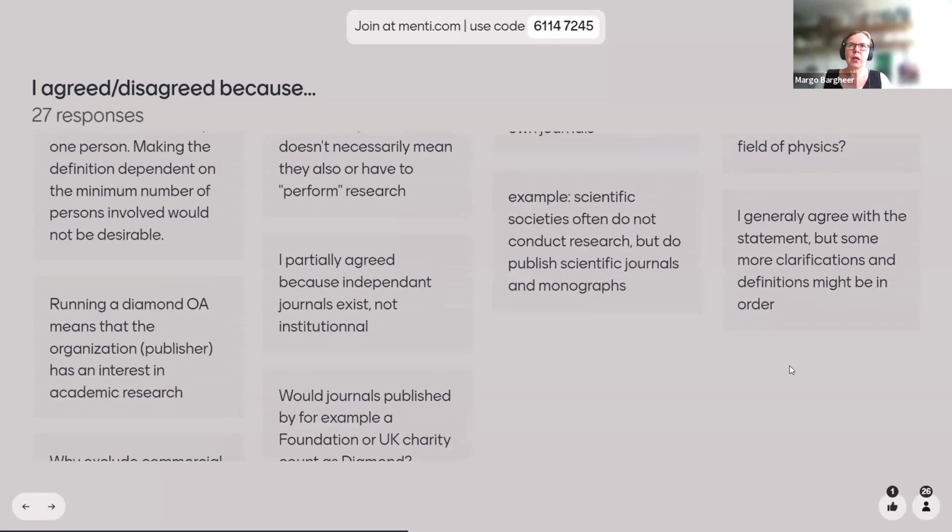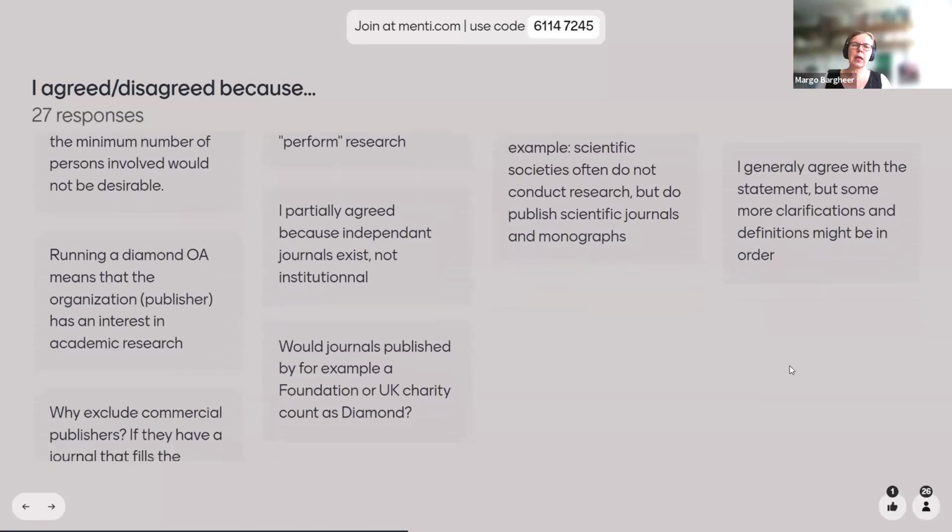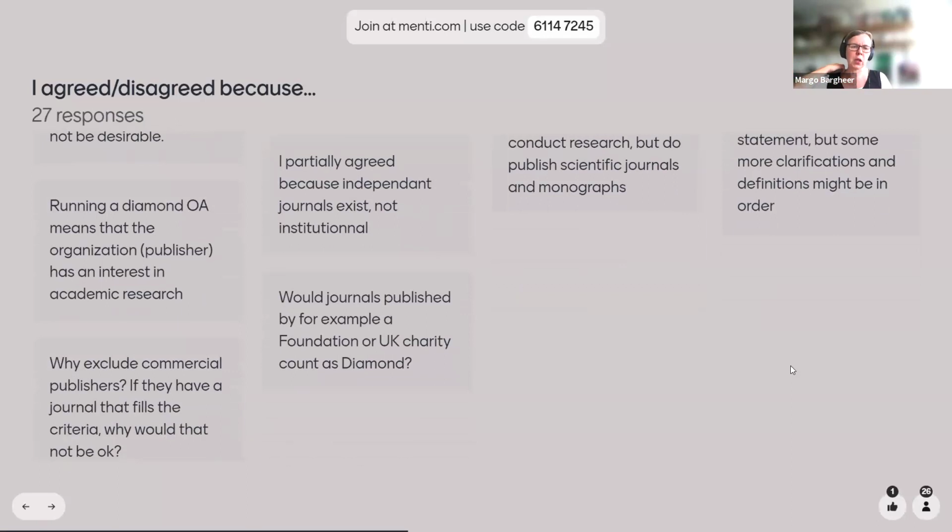And yes, maybe we are too strict when we say performing research, because learned societies are also in a way facilitating performing research and networking researchers. So we probably need to recoin this very wording.